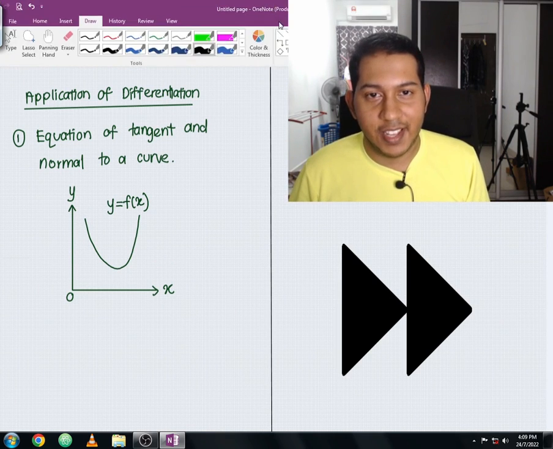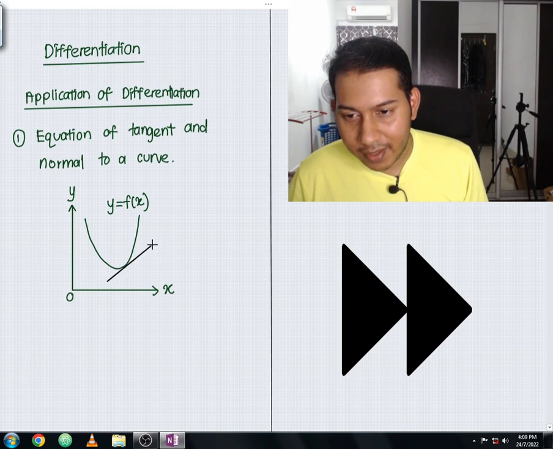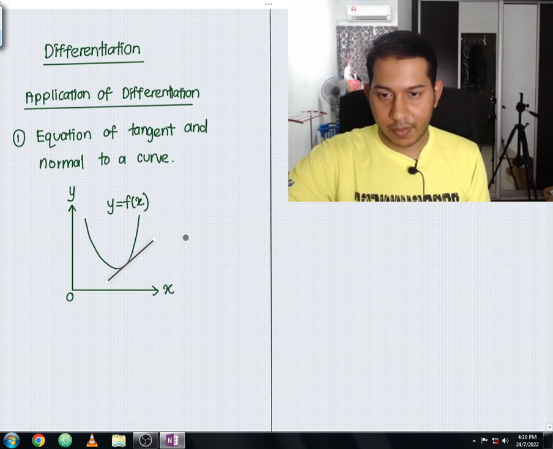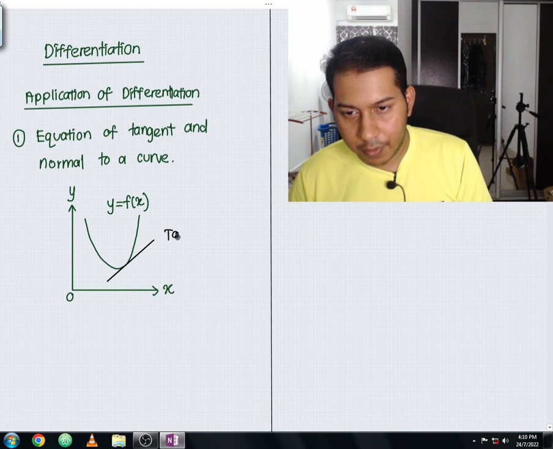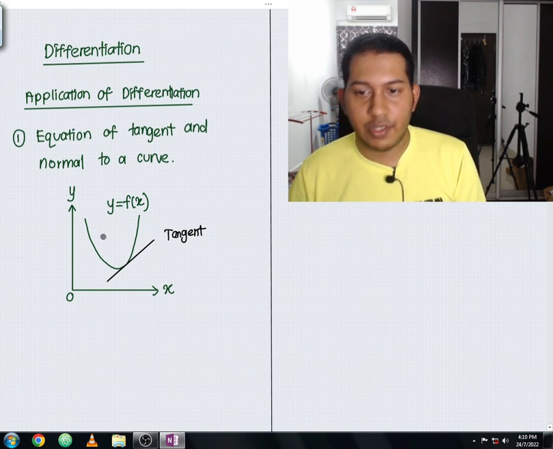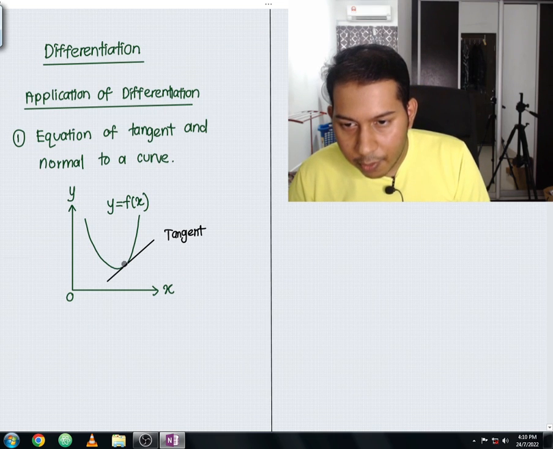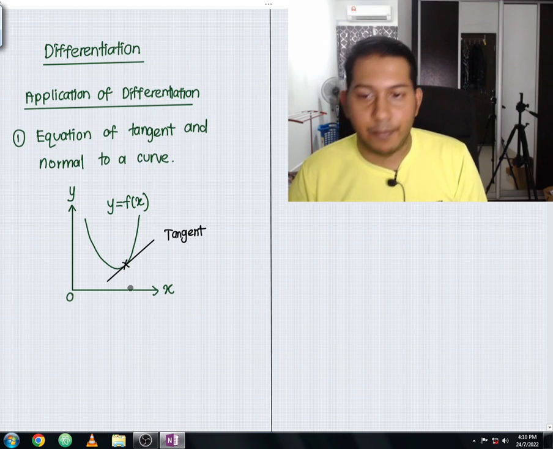Okay, final take 3. Please make this work. Okay, acceptable. So this is your tangent. This is the straight line which is tangent to the curve, which touches only one point at a time.